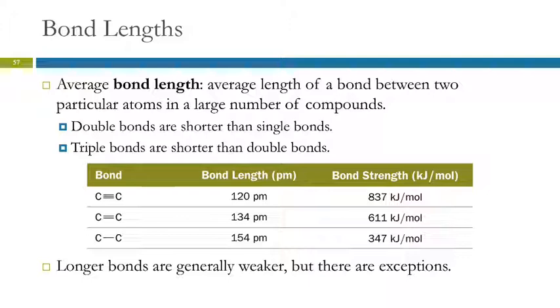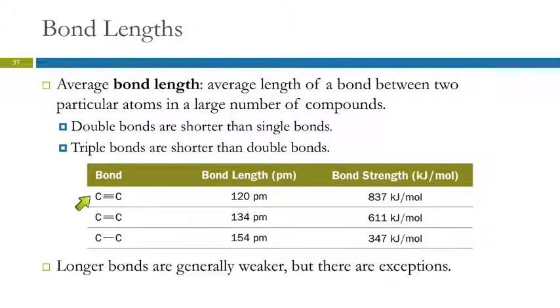Bond lengths. We talk about average bond length. We're looking at the average length of a bond between those 2 particular atoms in a large number of compounds, because again, it's going to vary somewhat from compound to compound.